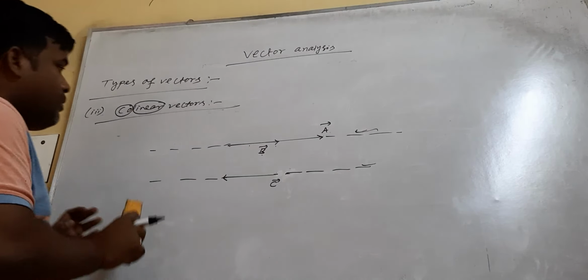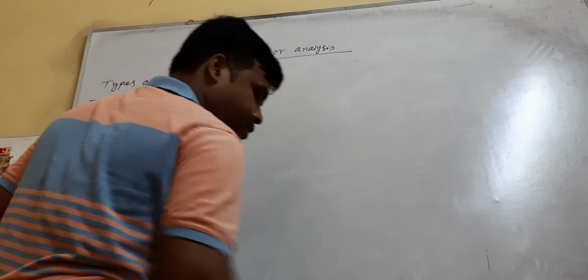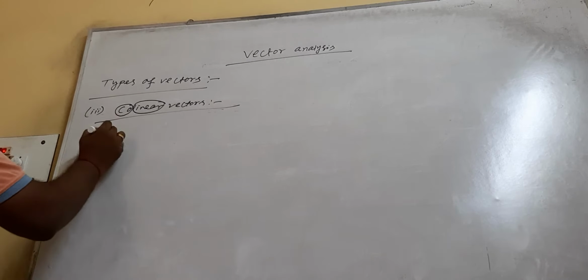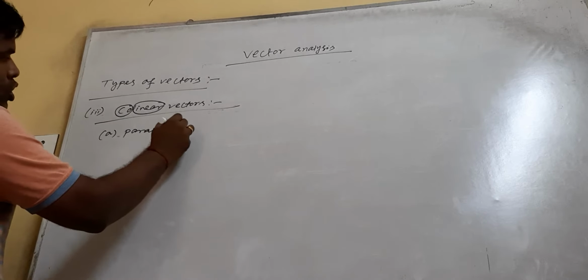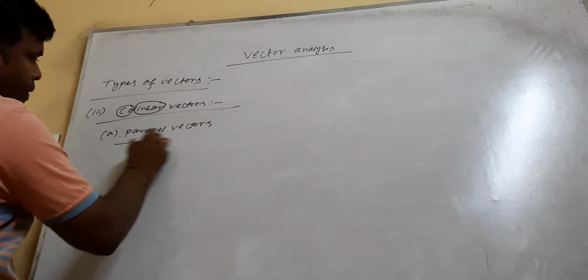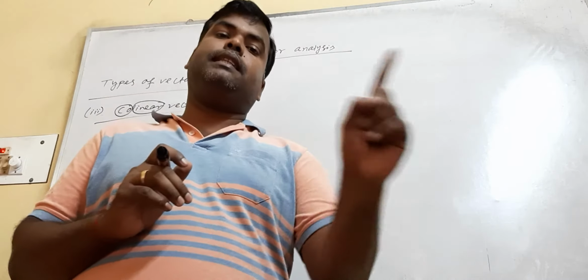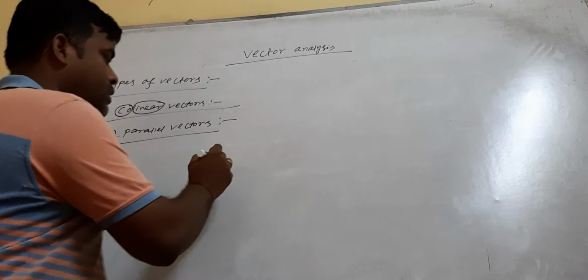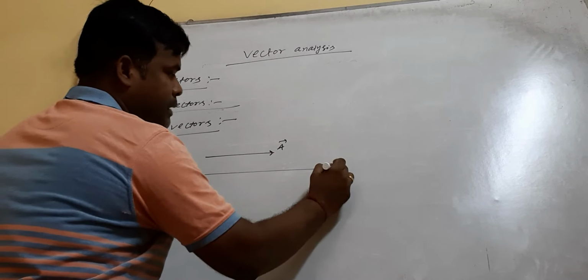Now come to types of collinear vectors. You remember, collinear vectors are of two types. One is parallel vectors. Vectors are said to be parallel if they have the same direction. Suppose it is A vector and it is B vector.